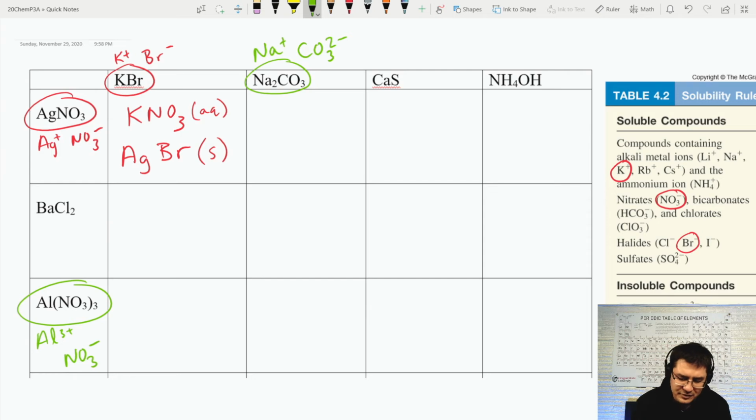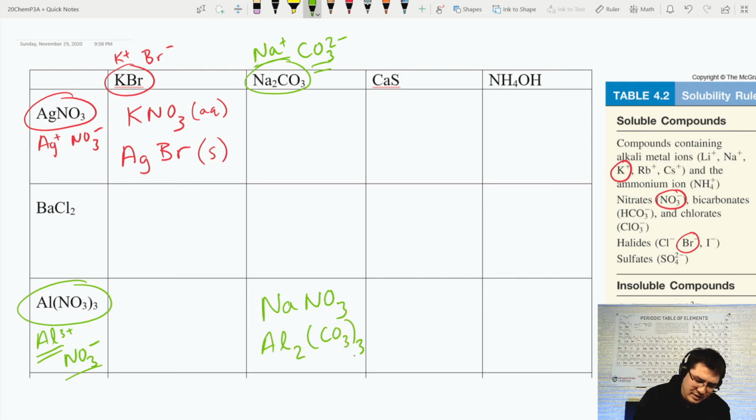So do your double switcheroo. Sodium could partner up with nitrate, and that's a +1 and a -1. So sodium nitrate. Or aluminum could partner up with carbonate. Now that's a 3+ and a 2-. So I'd get Al2(CO3)3. Okay.